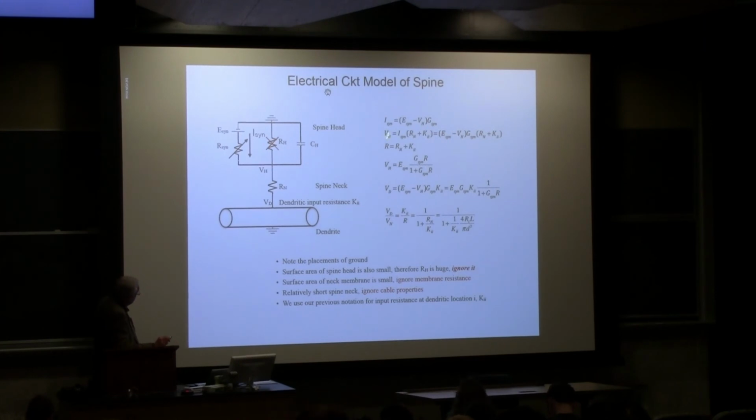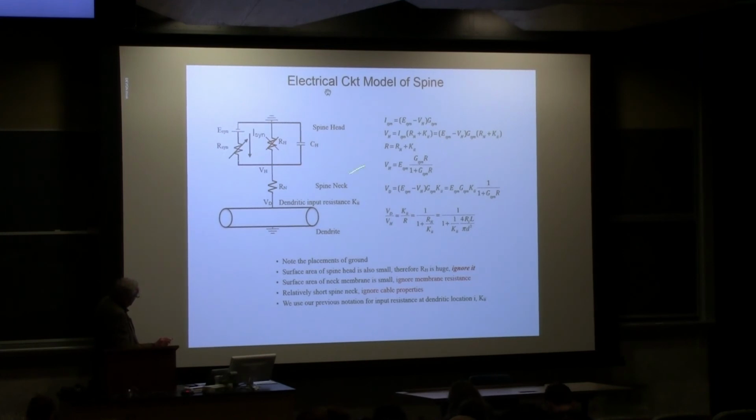The voltage at the spine head is due to the voltage drop produced by the synaptic current flowing through the resistance of the spine shaft, I'm calling it R sub n for the spine neck actually here, which is in series with the input resistance of the dendrite. So the voltage at the spine head is simply this voltage.